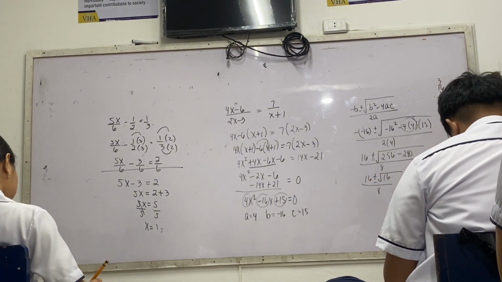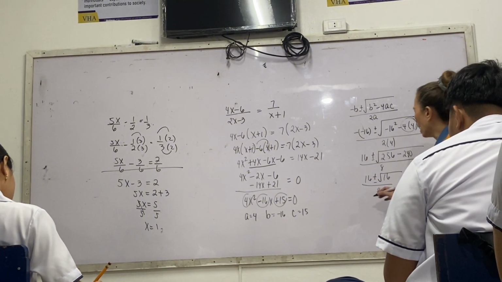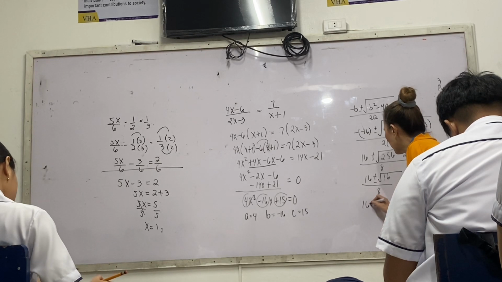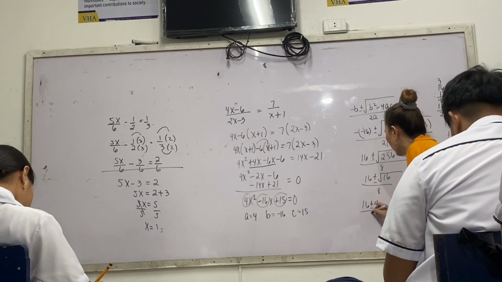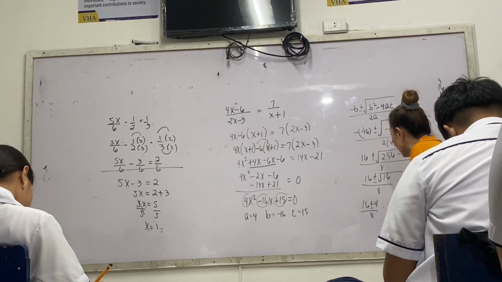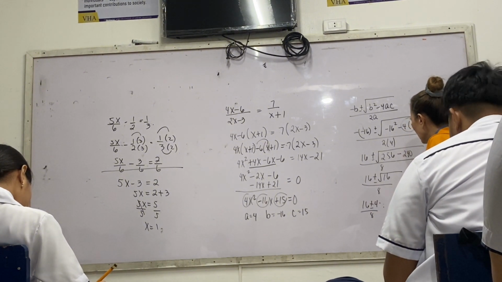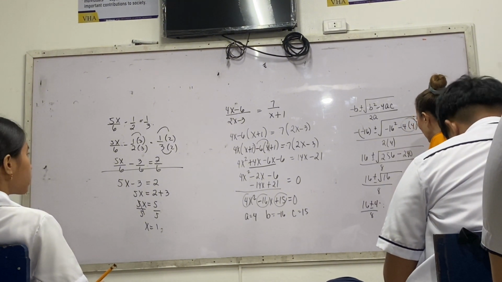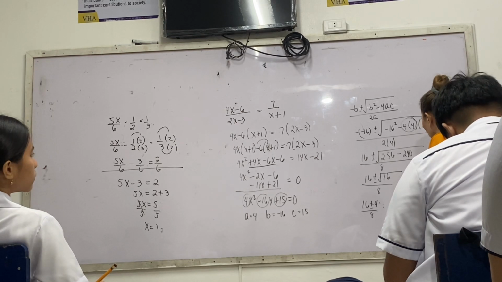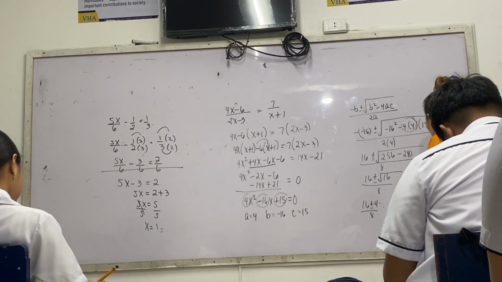What is the root of 16? 4. So we have here 16 plus minus 4 over 8. So the first x is 16 plus 4, 20 over 8, which is 10 over 4, which is 5 over 2.